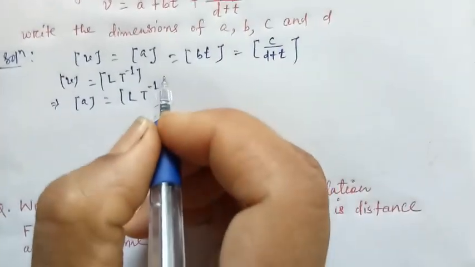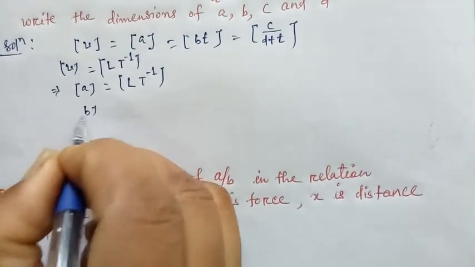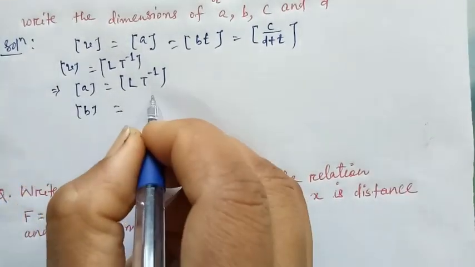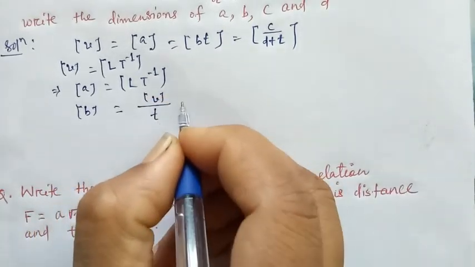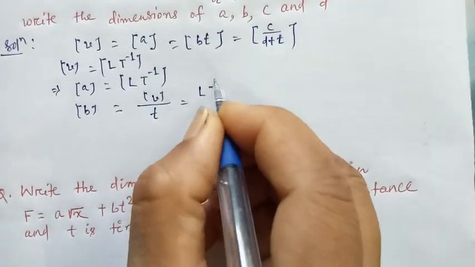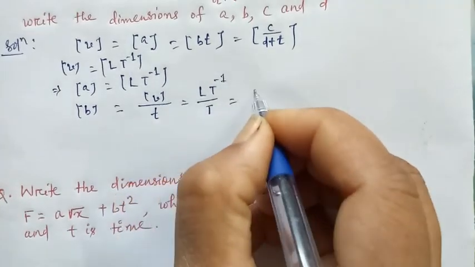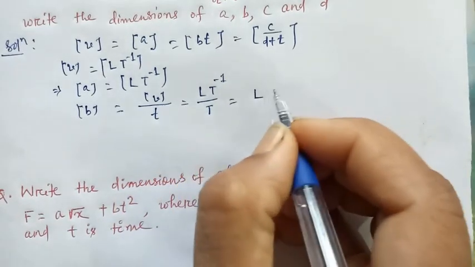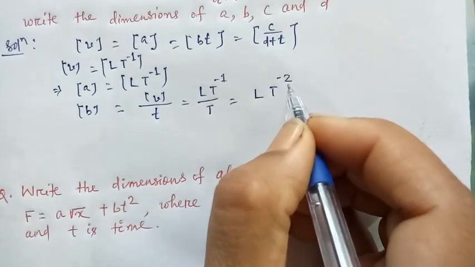Now the dimension of B is equal to the dimension of v upon t, that is L T^-1 divided by T, which is equal to L T^-2.